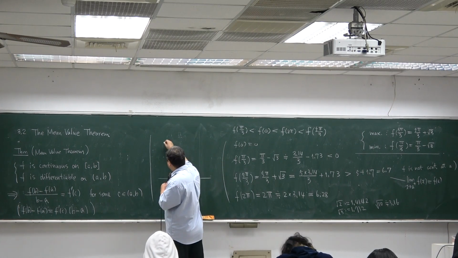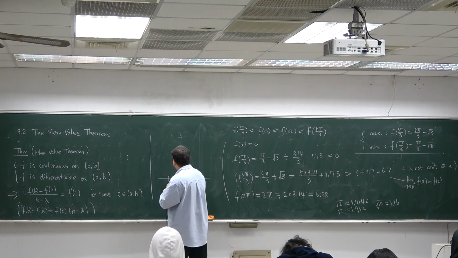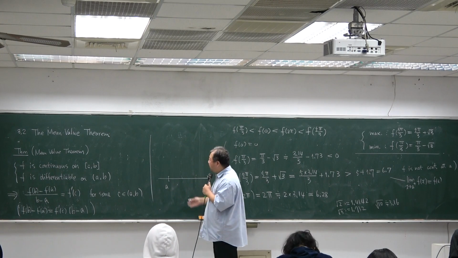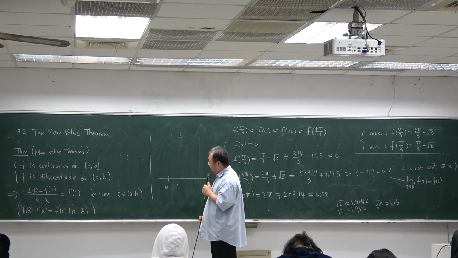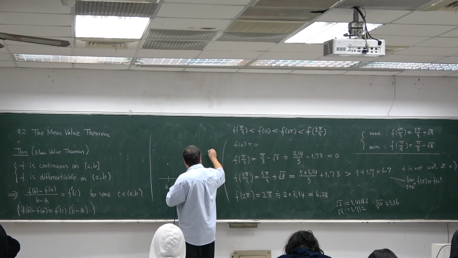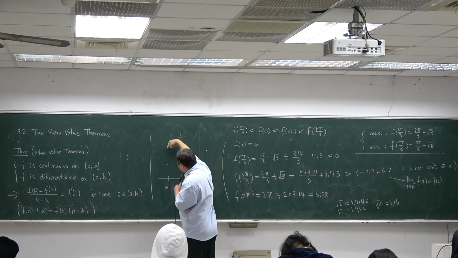if a function f is continuous on AB, and differentiable inside, interior to AB. So at endpoints, maybe you have a vertical tangent.